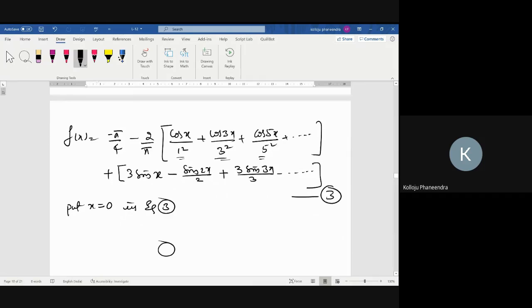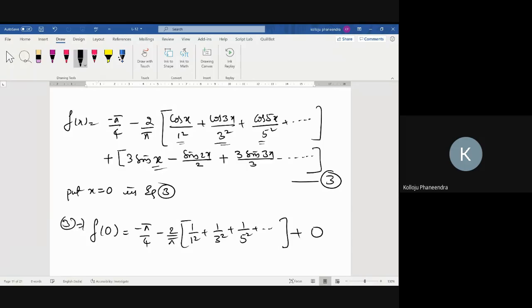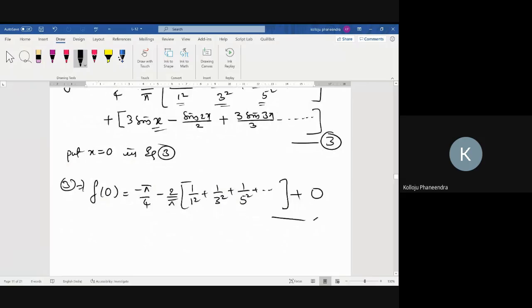So 3 implies f of 0 on the left side, equals minus pi by 4, minus 2 by pi, times 1 by 1 square, 1 by 3 square, 1 by 5 square, and so on. And sine 0 is 0, everything 0. Take this as 4.